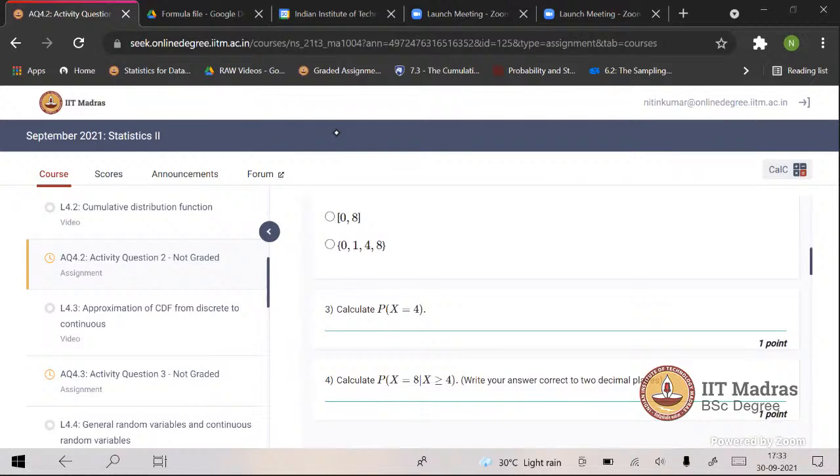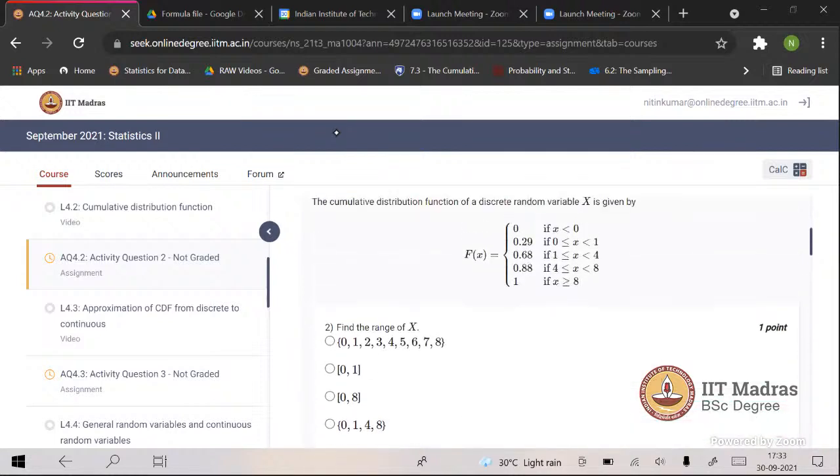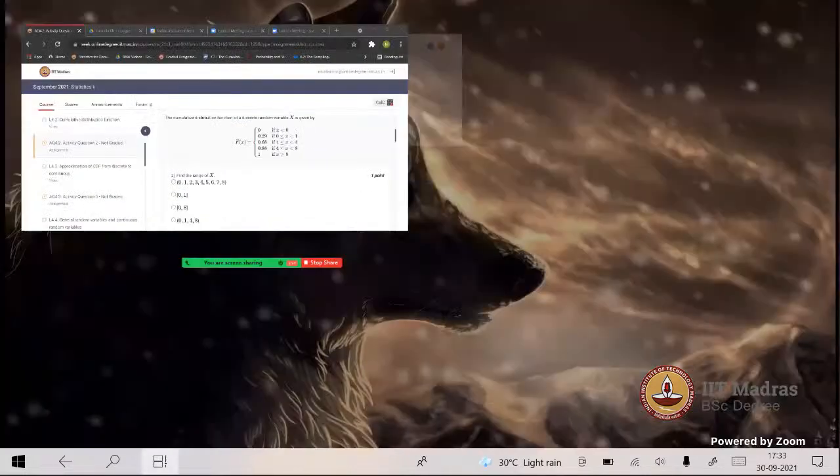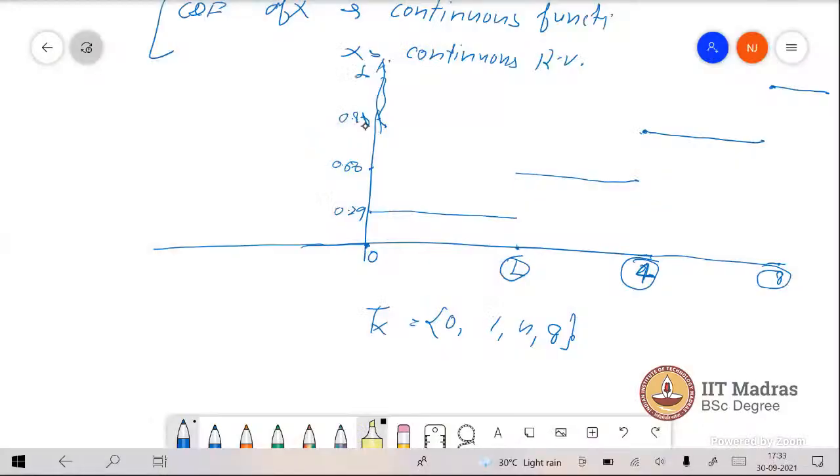Now what is P of x equal to 4 here? Just look at the curve now. X equal to 4 is here. So I just told you, if you need to find the probability at that point, just calculate the jump at that point. At 4, how much jump is there? This is 0.88, this is 0.68. 0.88 minus 0.68.